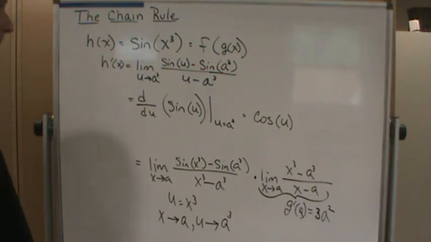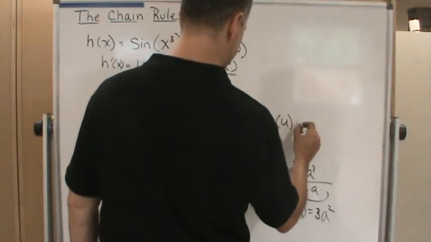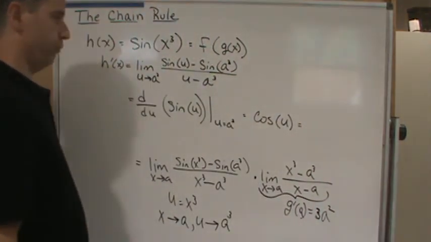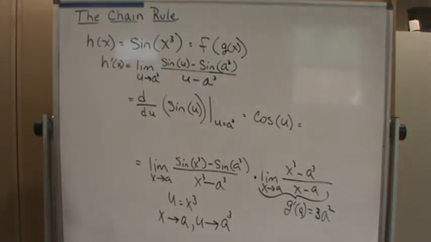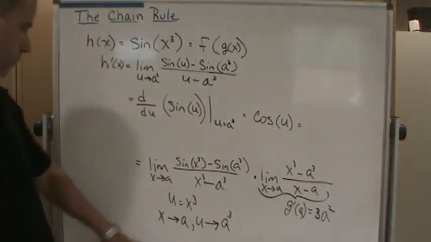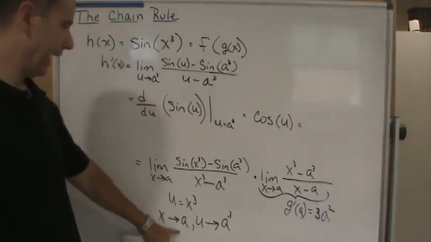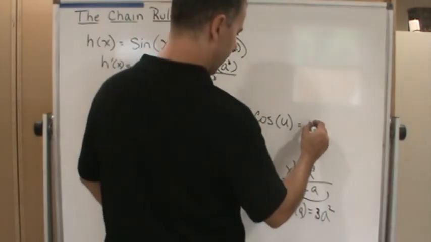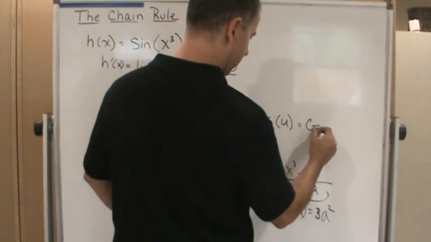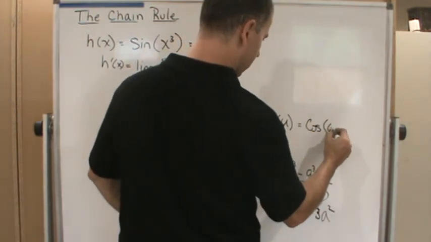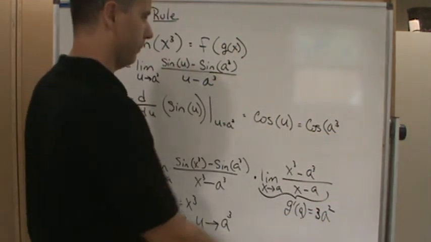And what's u? U is x cubed, but at a, it becomes a cubed. So cosine of a cubed.